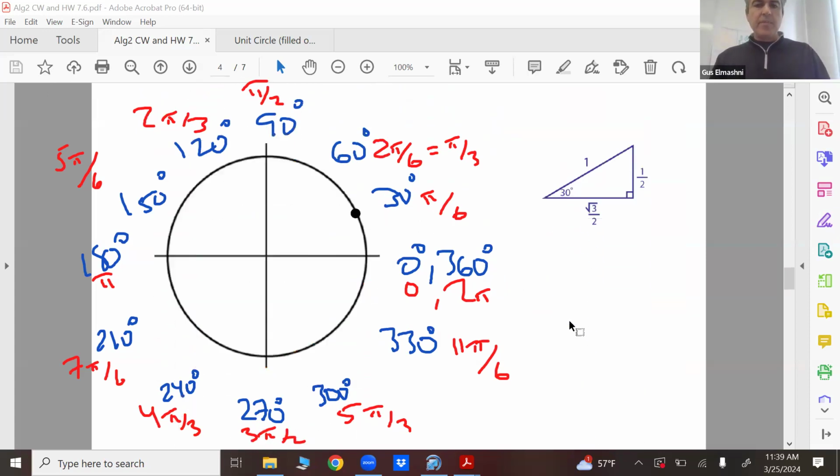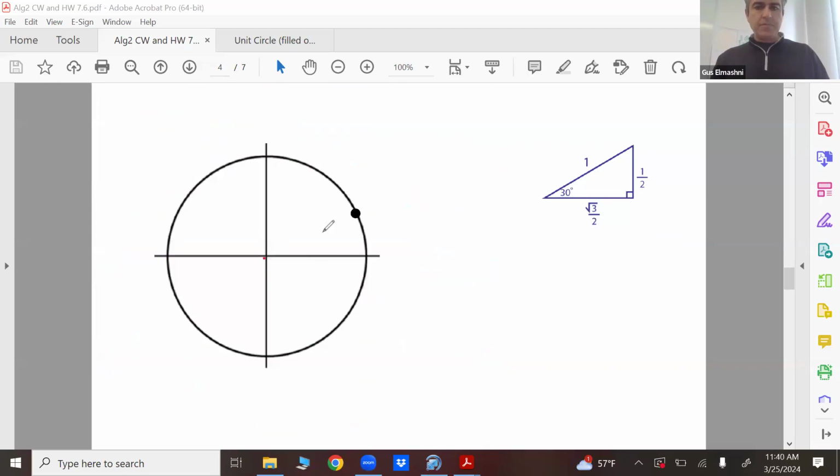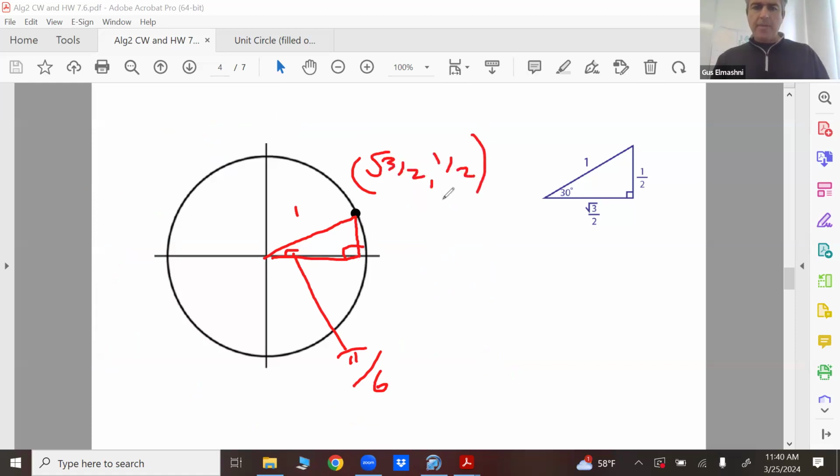All right. So we work this out. Not that bad. That's 1. That's pi over 6. The coordinates here are √3/2, comma 1/2.